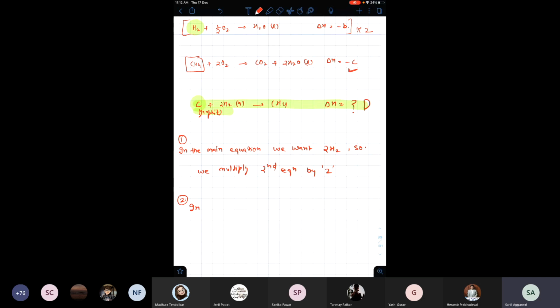In the main equation, we have C plus 2H2 together.